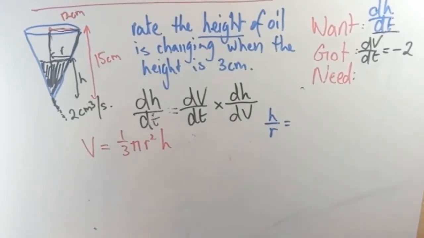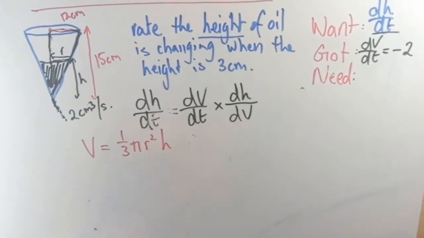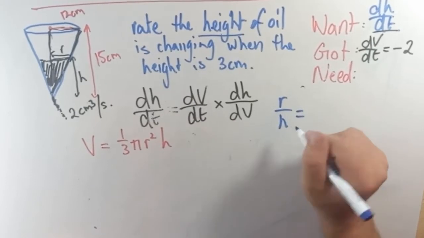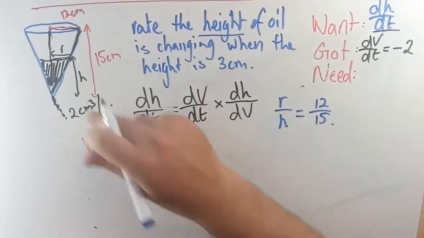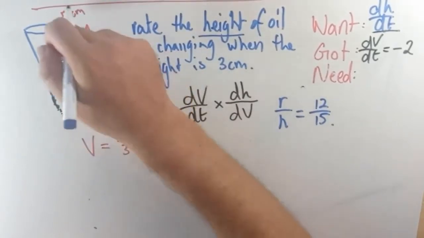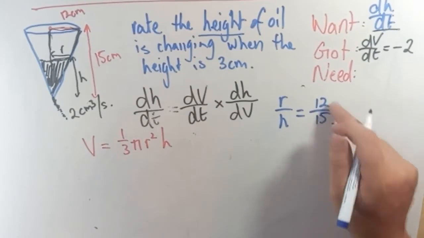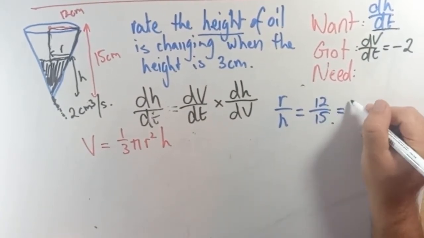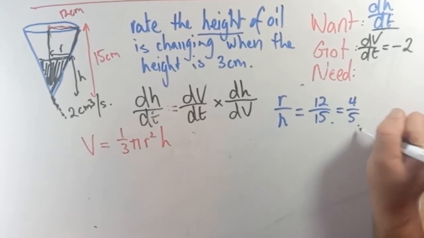Let's do it the other way around because that would be better. r over h is going to be the same as 12 over 15. So 12 over 15, we can divide them both by 3. We get 4/5.